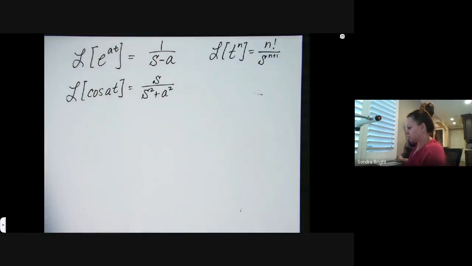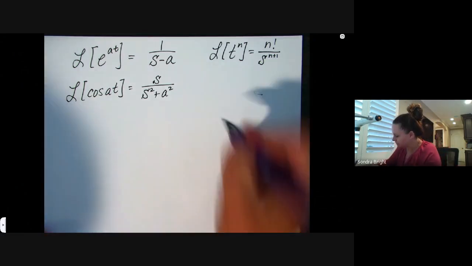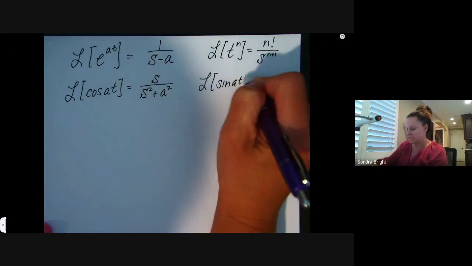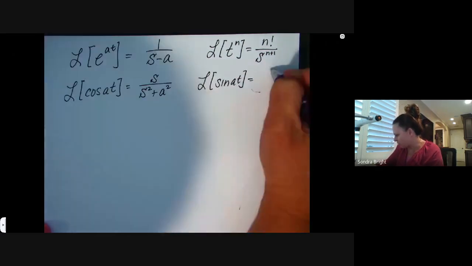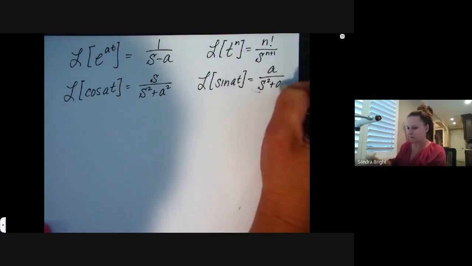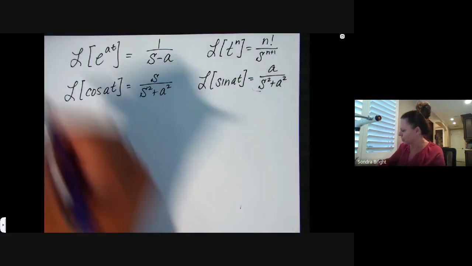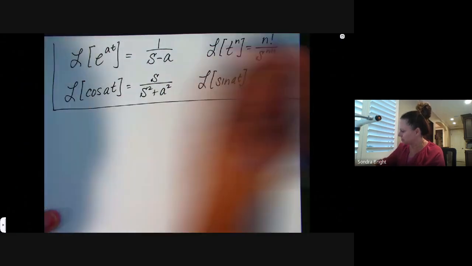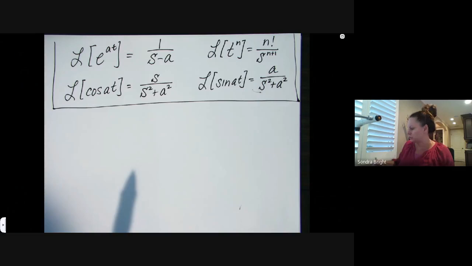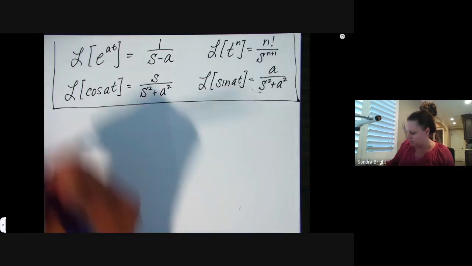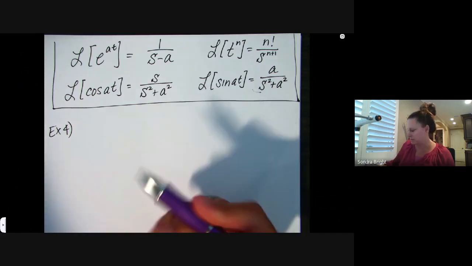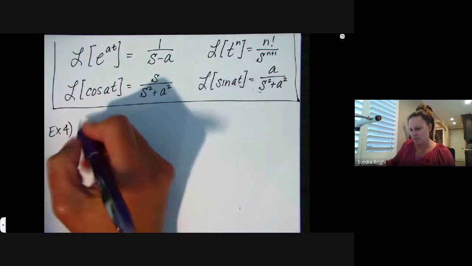And the Laplace transform on sine of a t will always end up being a over s squared plus a squared. All right, so we're going to use these. These are always true, and we're going to use them to do some examples now. So you'll use those frequently. Have that in front of you so that it makes sense, right?